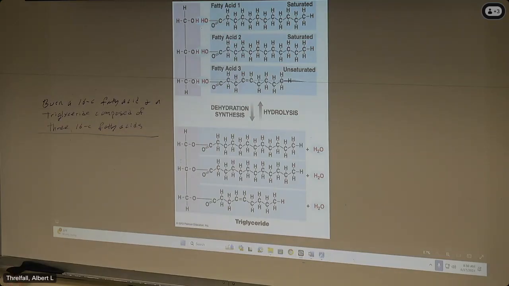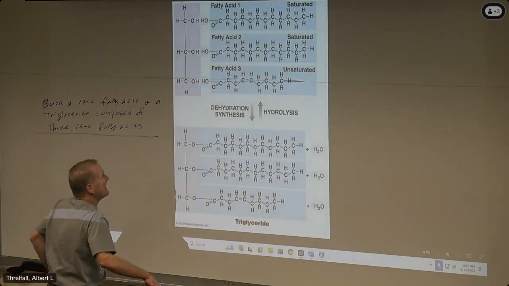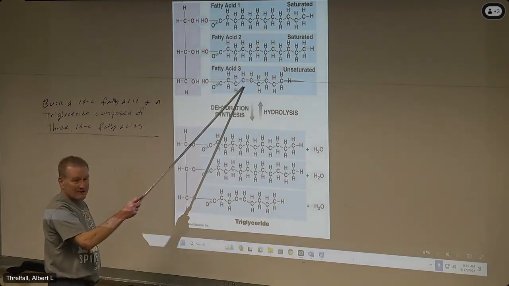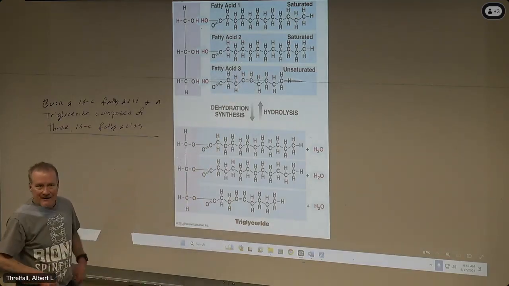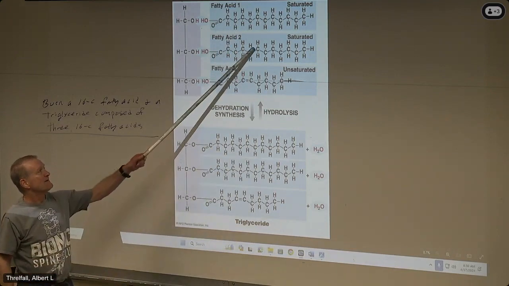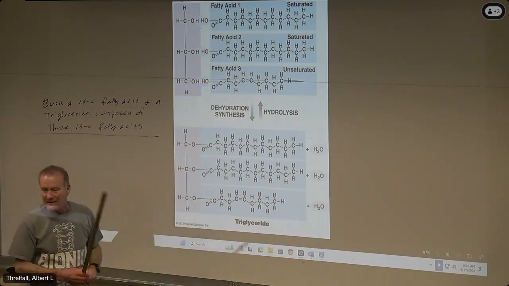This triglyceride is fictitious in that they have two saturated fatty acids and one unsaturated. You wouldn't see that. They drew it that way for this picture for the purpose of explaining the difference between saturated and unsaturated. But in reality, you wouldn't have that.